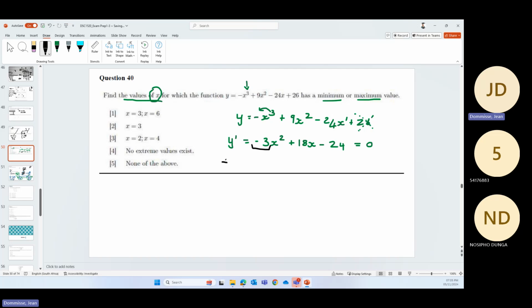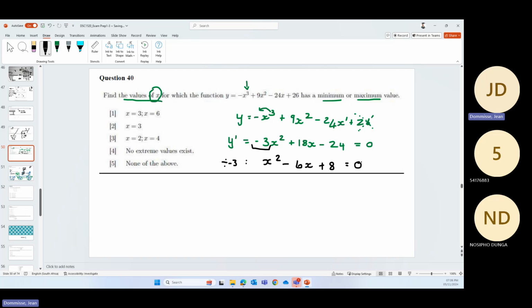So I will divide by minus 3 and see what we end up with. Minus 3x to the power of 2 divided by minus 3 gives me x to the power of 2. 18x divided by minus 3 gives me minus 6x. Minus 24 divided by minus 3 gives me positive 8.